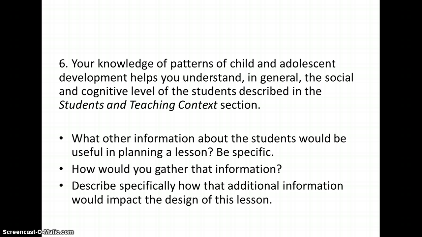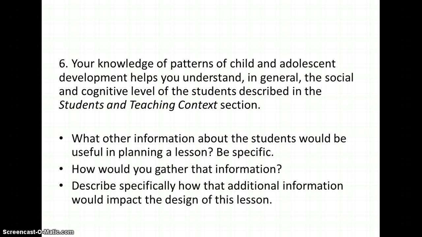So draw on your student teaching experience, and you can be specific to maybe what Washington Union High School uses. It would be just fine if you were to reference something that you've used in student teaching.